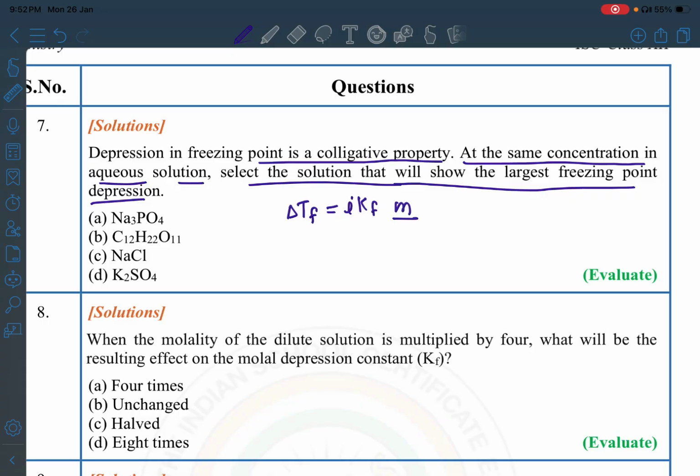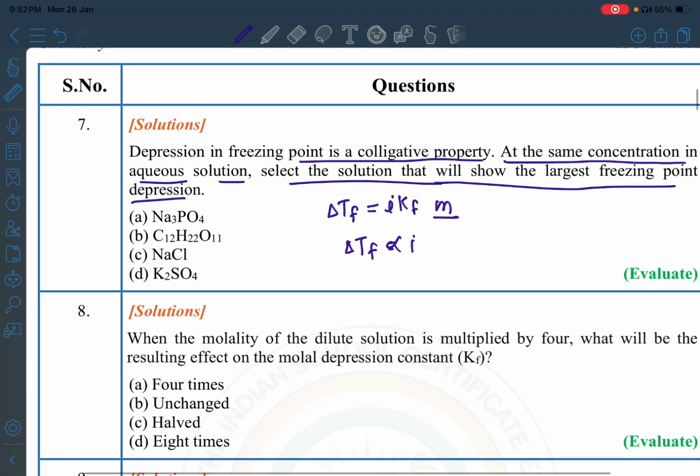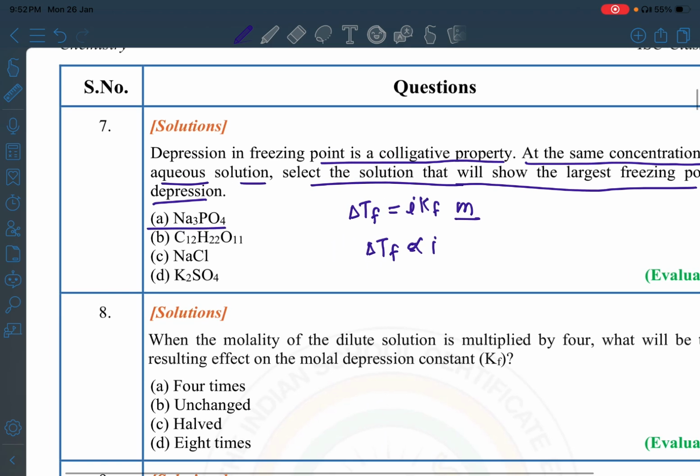If the concentration is the same, then delta Tf is directly proportional to i. i is the van't Hoff factor, which basically depends on the number of ions it dissociates into. Now, if we dissociate this, it will be converted into 3 Na+ and 1 PO4 3-. So the total number of ions will be 4. So the value of i for the first one is 4.